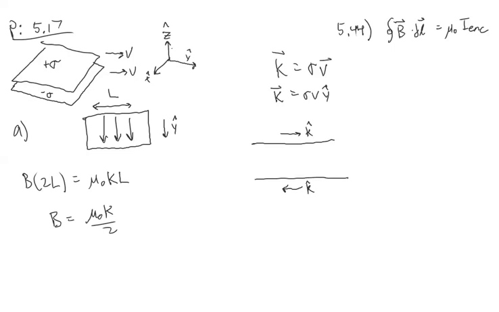So if we go back to the Amperian loop, by using the right-hand rule, the magnetic field above the current will be in the positive x hat direction, and below will be in the negative x hat direction.